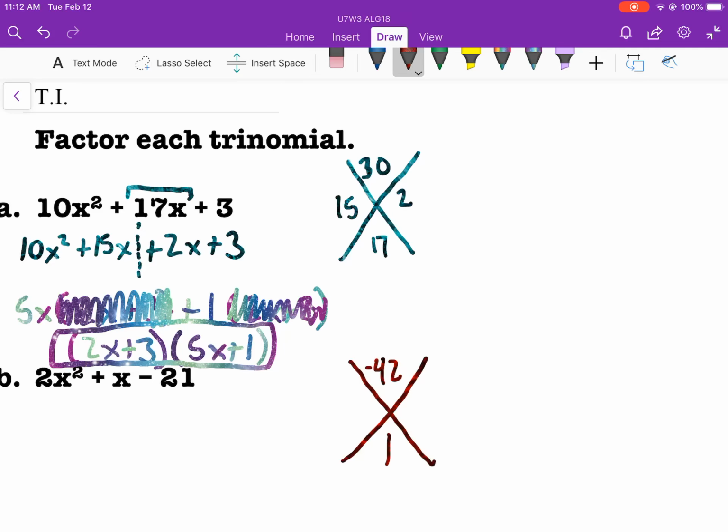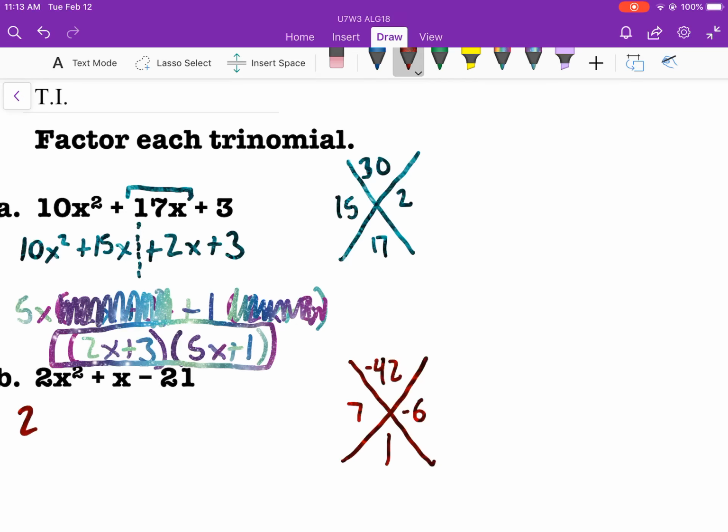That's a question only a calculator can answer. 7 times 8 is 56. Nope. 42 divided by 6 is 7. 7 times 6 is 42. The bigger one has to be positive because the end result is positive.